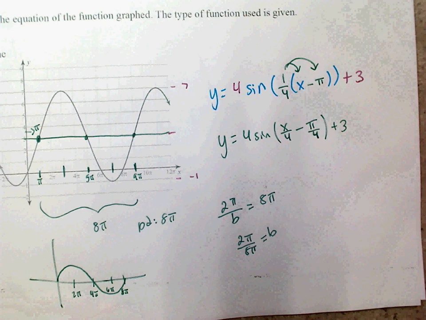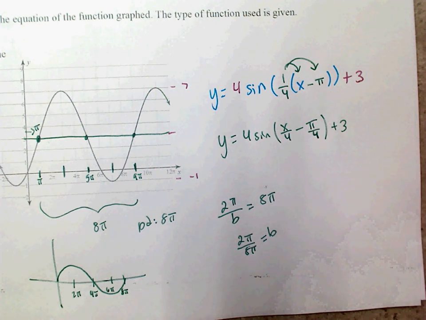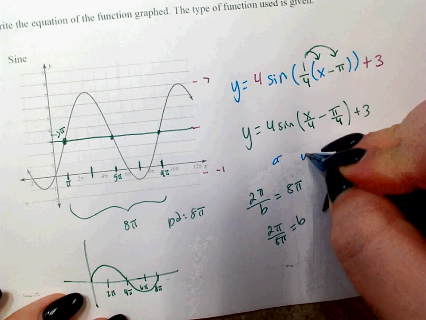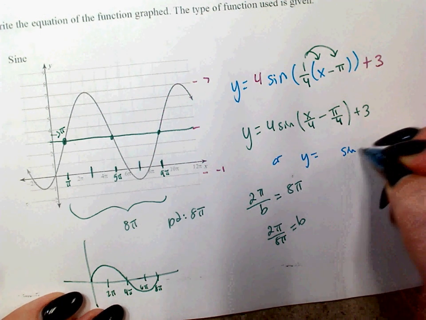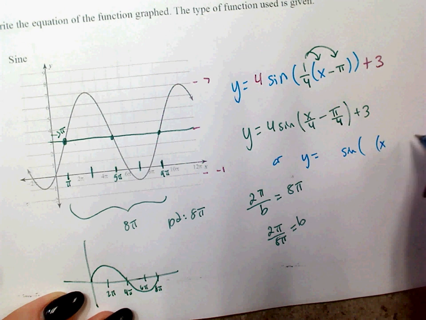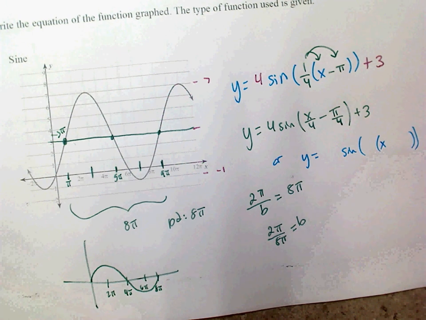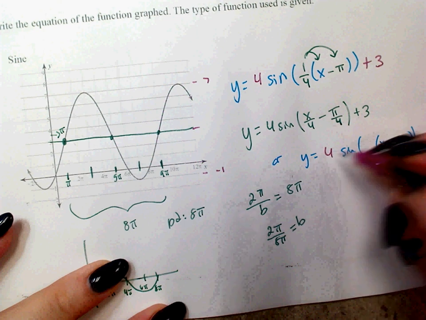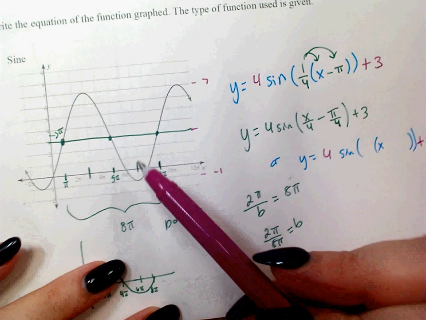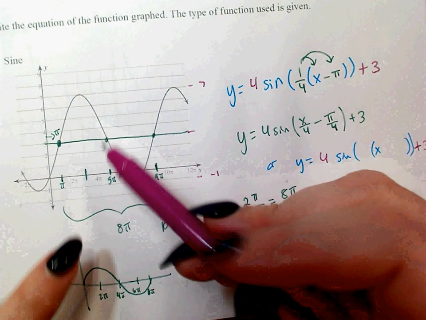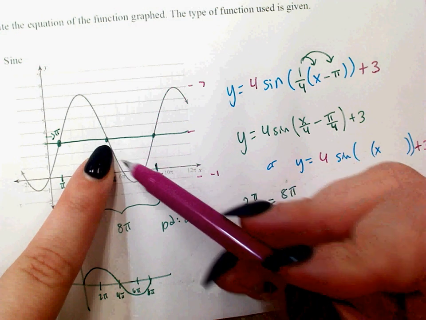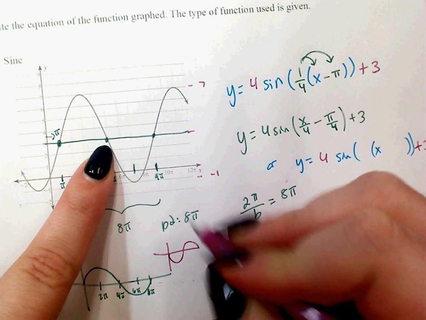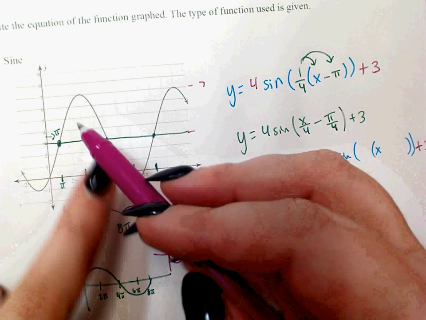Now, let me think of a different option: y equals sine. Some things will not change, which are the amplitude and the vertical shift. So this is up 3 with an amplitude of 4. But I could think of it as a negative sine wave if I start here. If I thought of it as a negative sine wave, then I moved the negative sine wave to the right 5 pi.